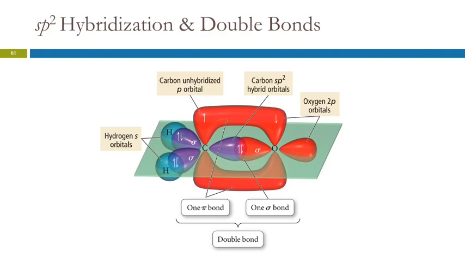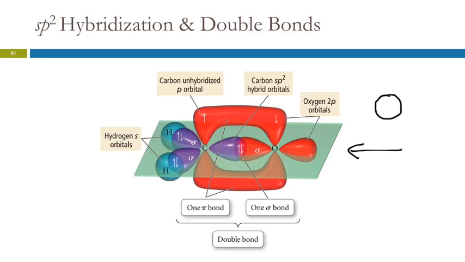If we look at the molecule from the end, look from the oxygen down to the carbon, what we would see for this sigma bond is it would look like a circle, right? Looking down this end, we'd see this lobe and that lobe, and they would line up with each other, and then we wouldn't even see this because it's all behind.